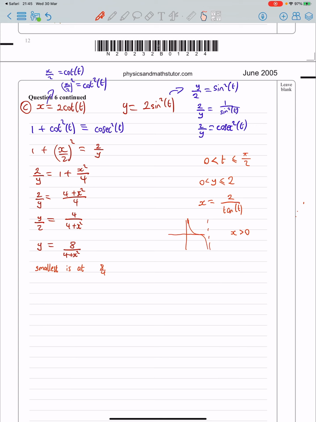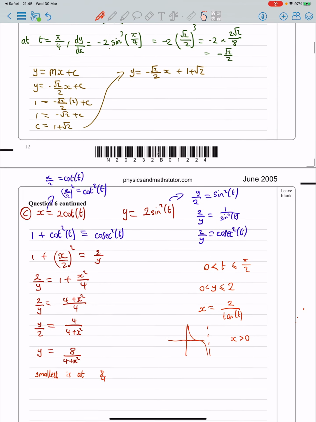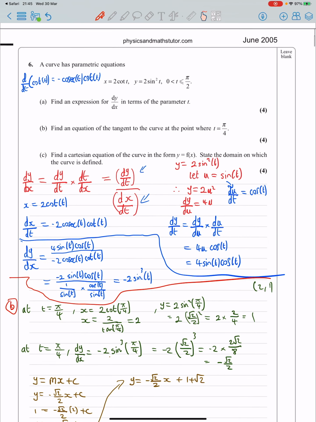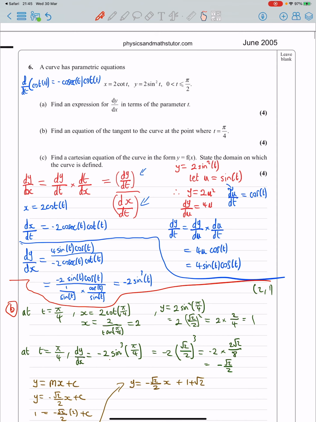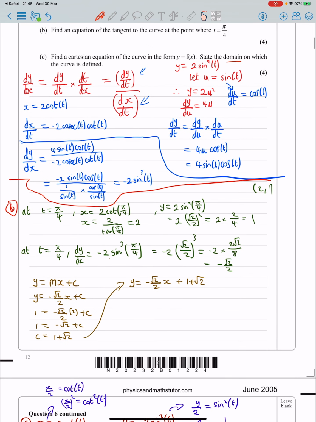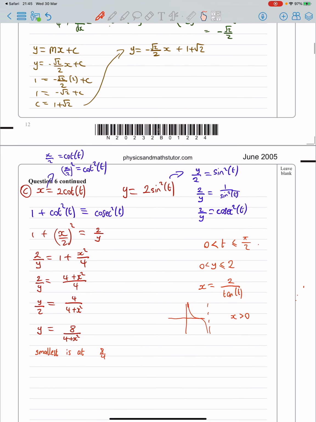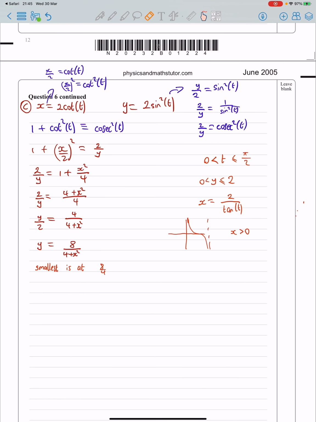Oh, actually, no, they were asking us for domain, weren't they? Yes, it says state the domain. So actually, it's just the x. So for domain, we're just looking at x, not even the range. Never mind, so we've done all the question. It's simply just that x is greater than 0.